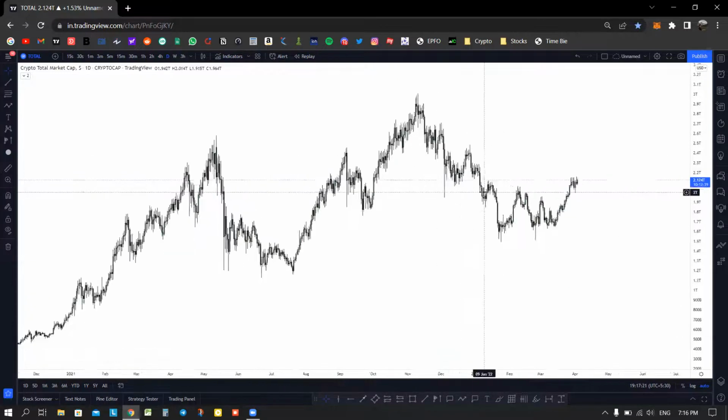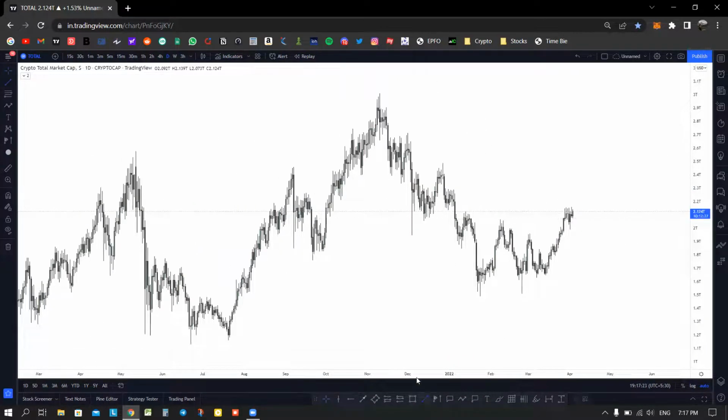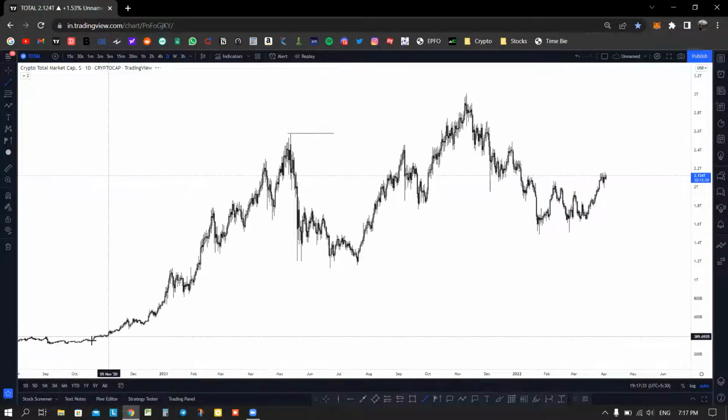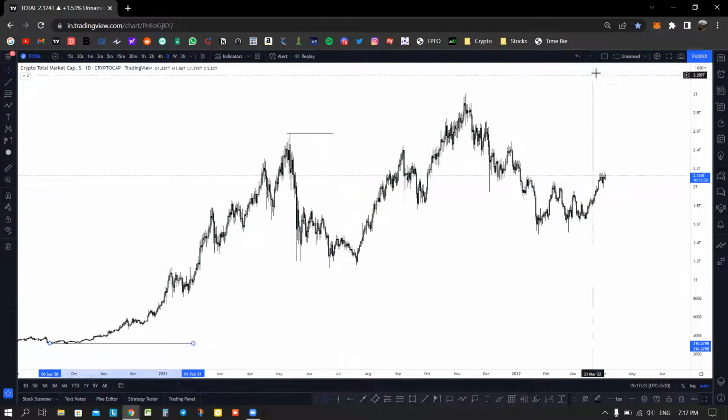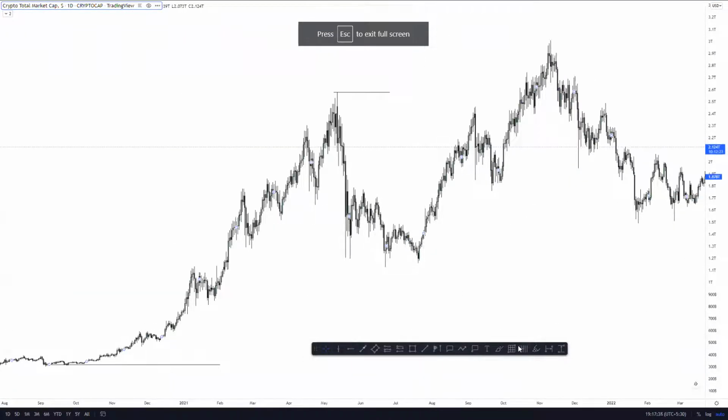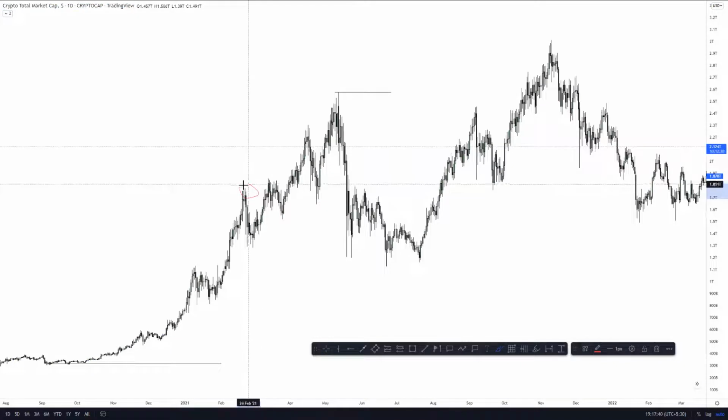Like here, you see, around this area this was our last high, and this was our last low, for instance. Price was creating higher highs, higher lows, higher highs, higher lows, and again higher highs, higher lows.